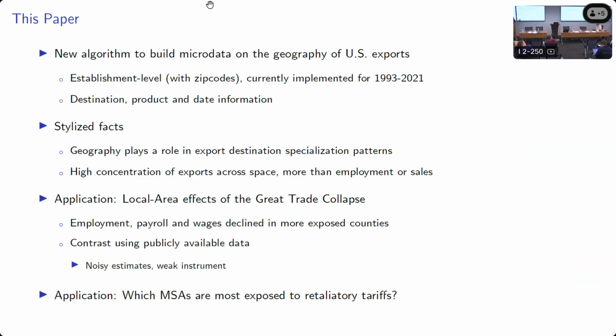So to show again what our data can do, I'm going to also have another application where I'm going to show you at the MSA level, the Metropolitan Statistical Area level, which areas in the US are most exposed to possible retaliatory tariffs. Okay, so I'm going to show you the top 20 MSAs in terms of their exports per worker that go to China, to Canada, to Mexico, and potentially all three.